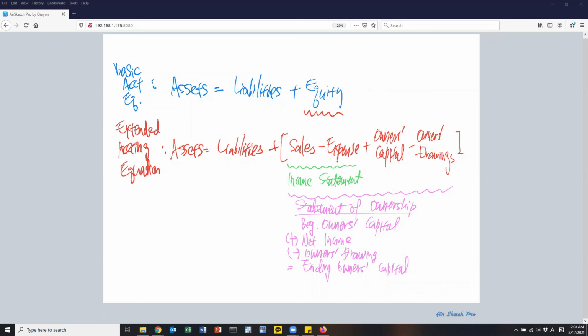This is a simplified case, but in the real world, you will see more often not a statement of ownership, but rather a statement of shareholders' equity.